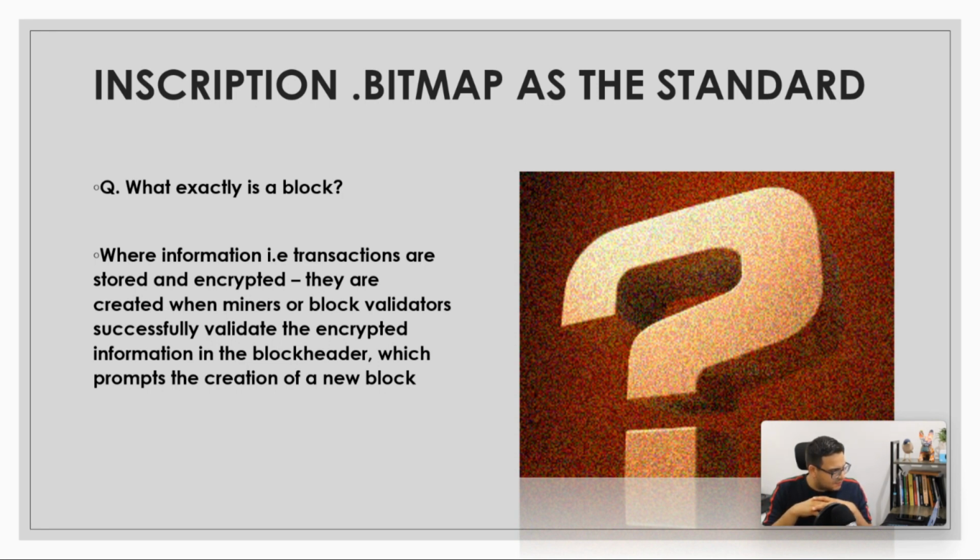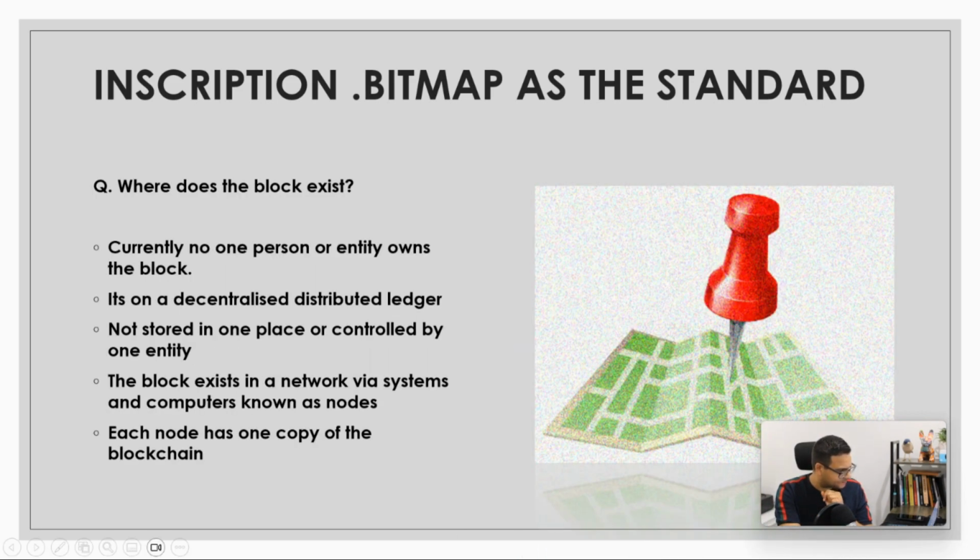And it's ultimately where all the transactions are stored and encrypted on the block. And as it says on the slide, they are created when miners or block validators successfully validate the encrypted information in the block header, which prompts the creation of a new block. That is what it is. That is all it is. Okay, so hopefully that's useful to know.